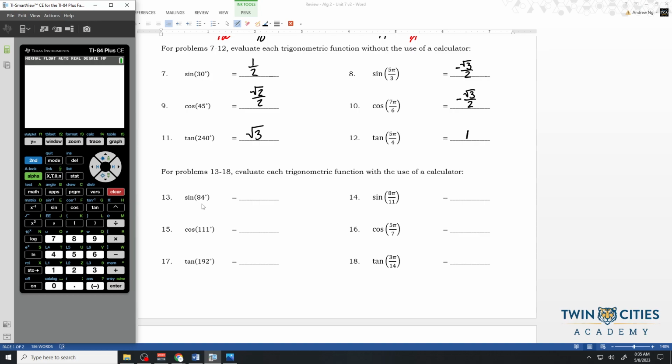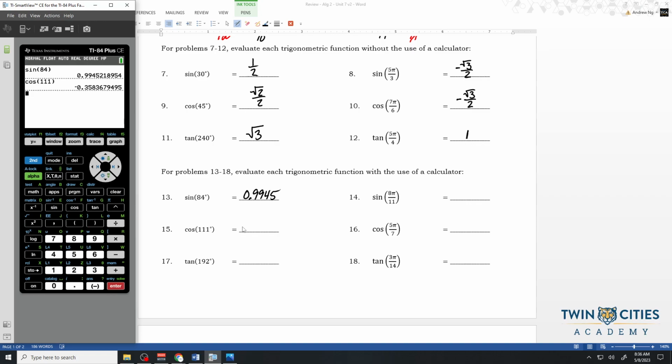The sine of 84 degrees. So sine 84. Let's close this off. This is 0.9945. Cosine of 111 degrees. Cosine 111. Close it off. Enter.